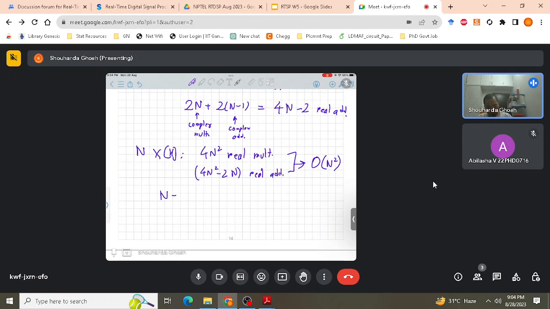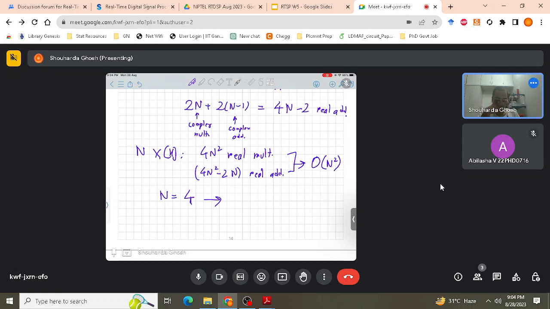So let's say when you are having n equal to 4, that time how many? We should be more worried about the number of multiplications, because multiplications, as I had told in the first lecture, are more hardware intensive and power consuming as compared to the adders.